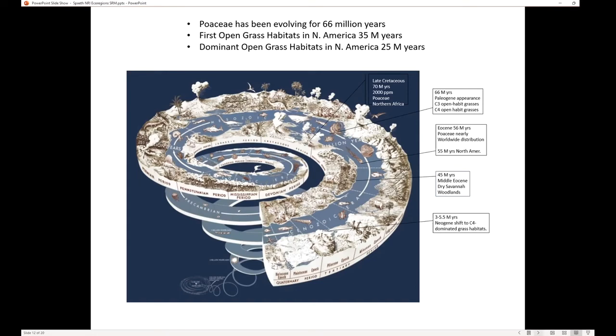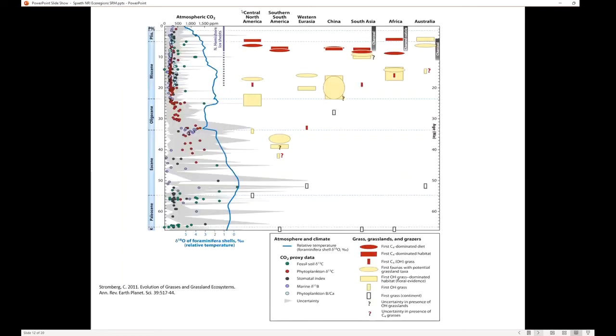If we look at the development in, for example, central North America, this square here is where the first open-habit grasslands became well established around 25 million years ago. But if you look at the atmospheric CO2 contents, they were 1,500 to 2,000 parts per million at various periods of the development, shown by this green dot.